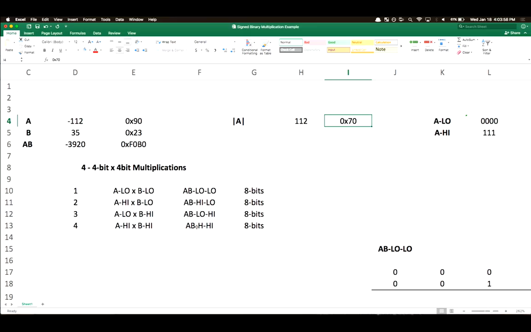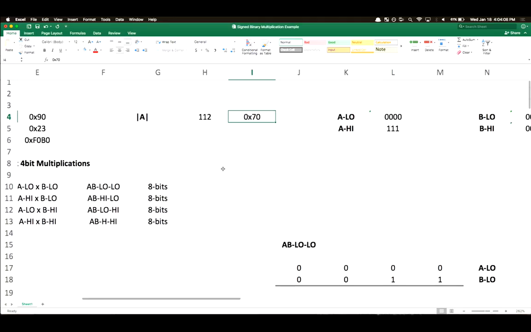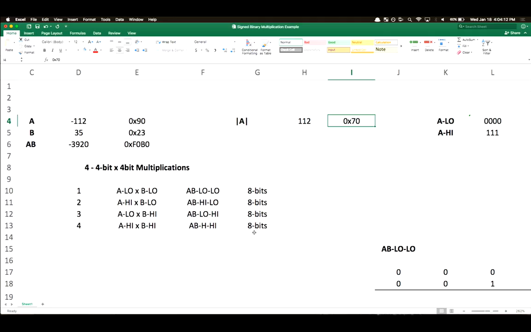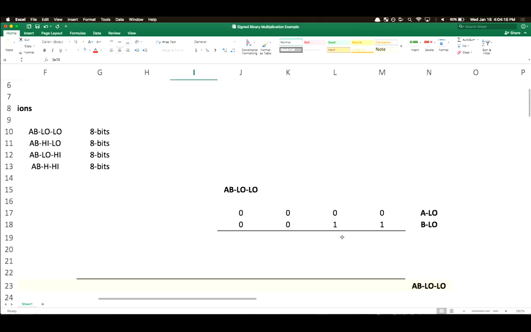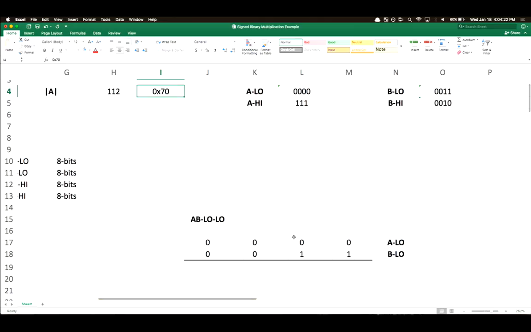So this gives us 4 8-bit values, but we're looking for 16 bits. So how are you going to use these 4 8-bit things to come up with 16 bits at the end? The first step is just AB low low, which is A low times B low.